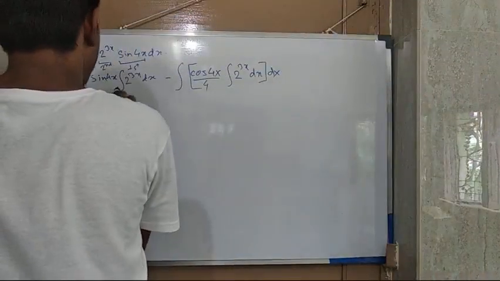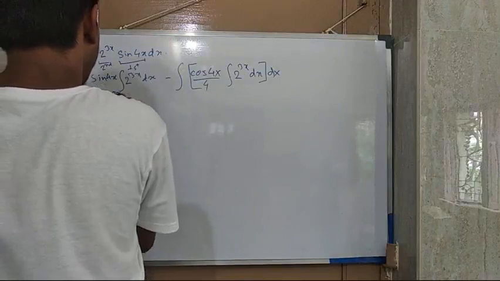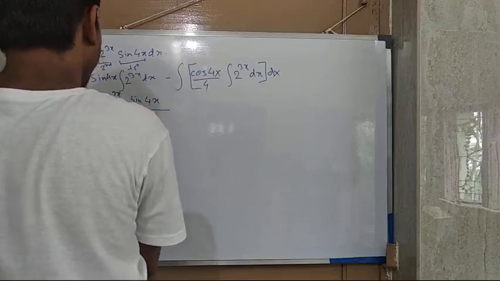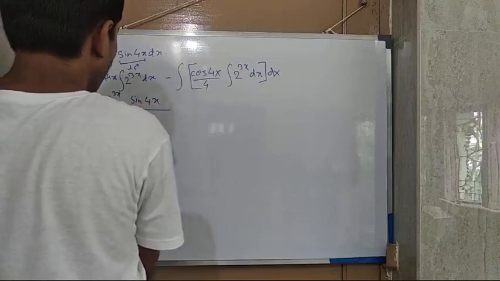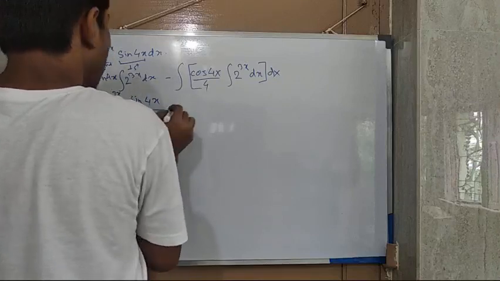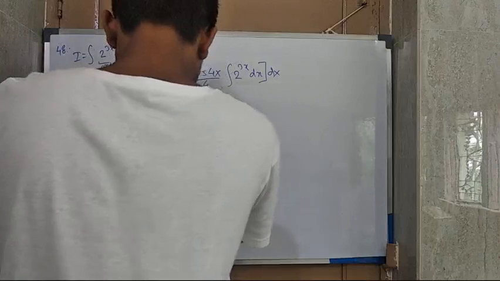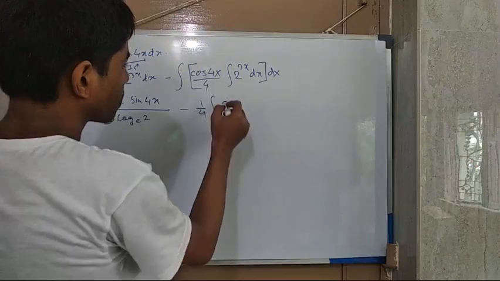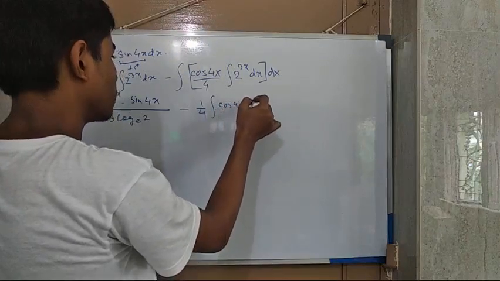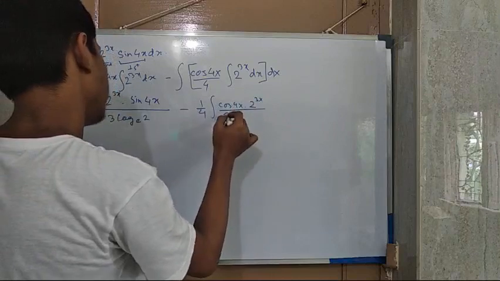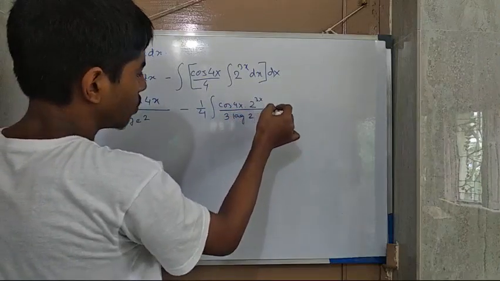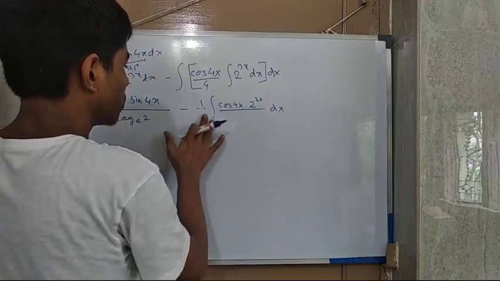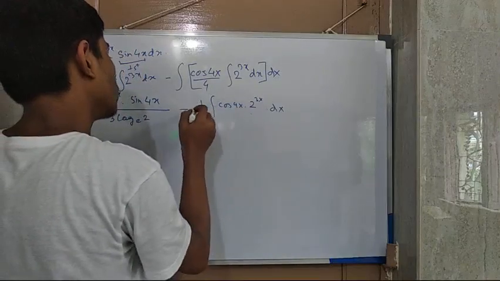This is 2 to the power 3x times sine 4x divided by 3 log 2, minus, take 1/4 out, and integrating cos 4x times 2 to the power 3x divided by 3 log 2 dx. We can just take out 12 log 2. So let's take out 12 log 2.